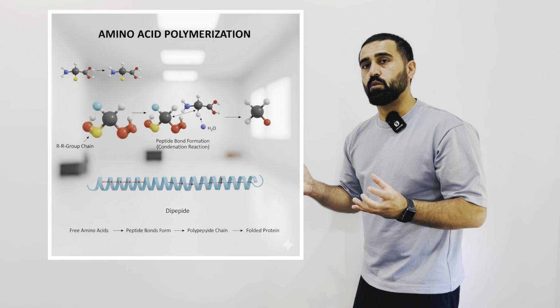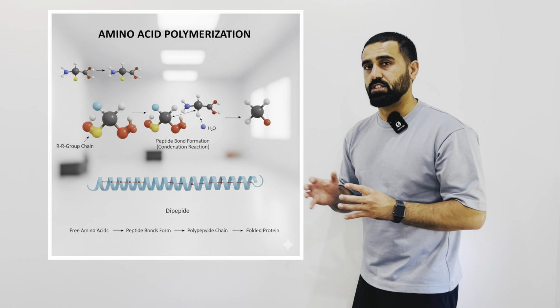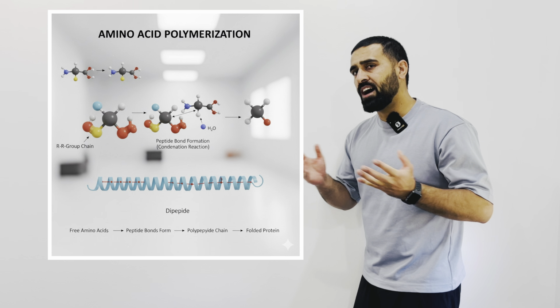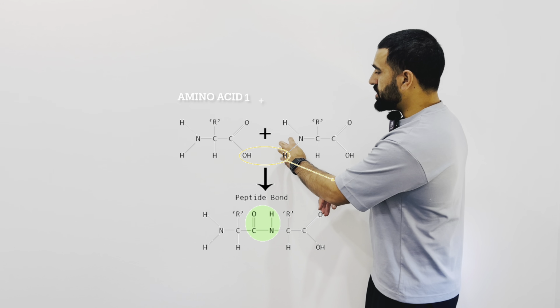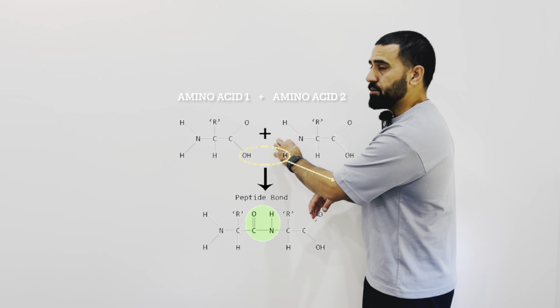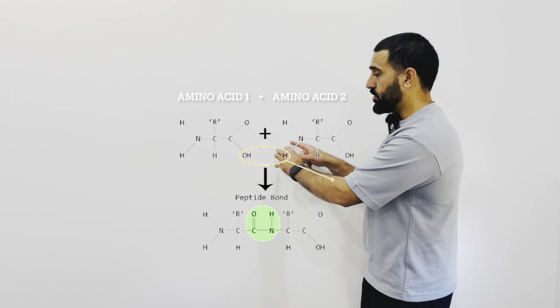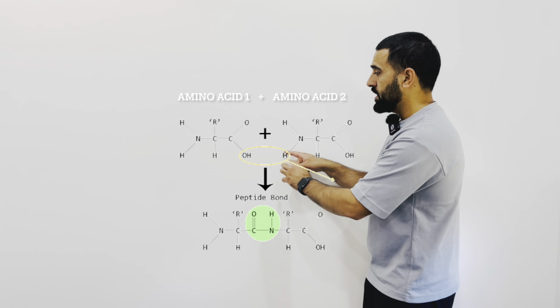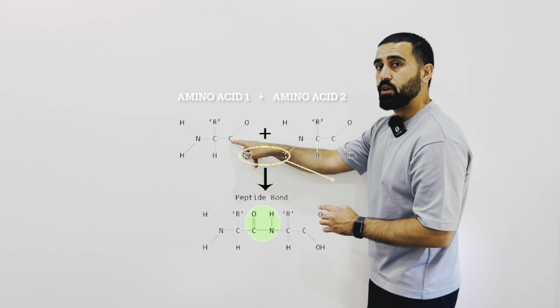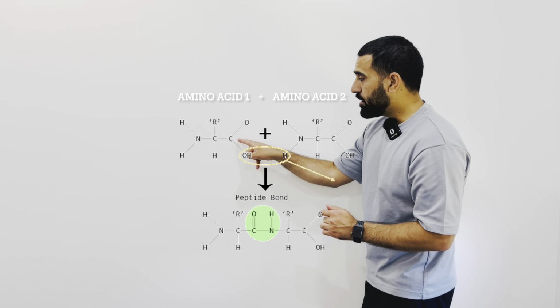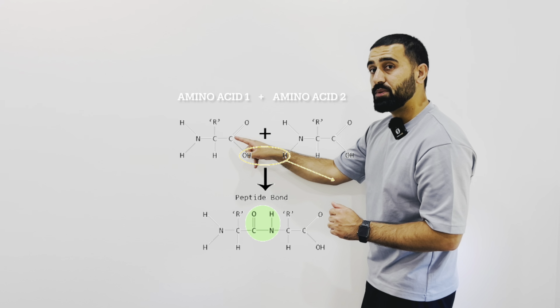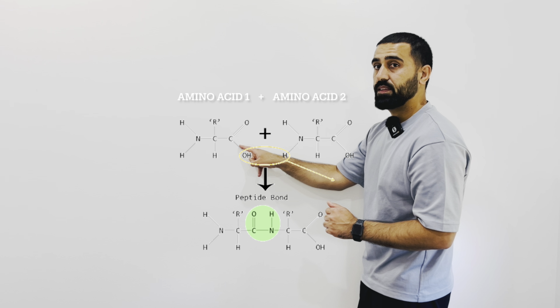The way amino acids come together to build protein is via condensation reaction. How does it happen? As you can see, the amine group of this amino acid, NH2, nitrogen and 2 hydrogen, combines with the carboxyl end. On the carboxyl end, there is a hydroxyl group, which is OH, as you can see.